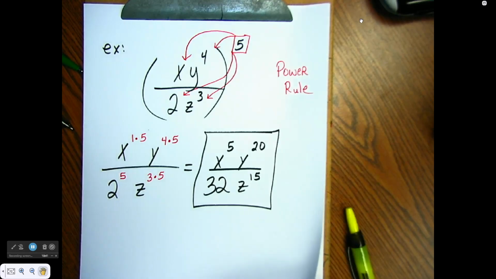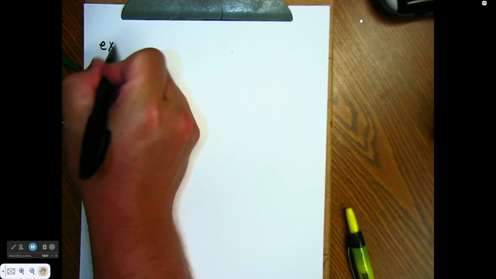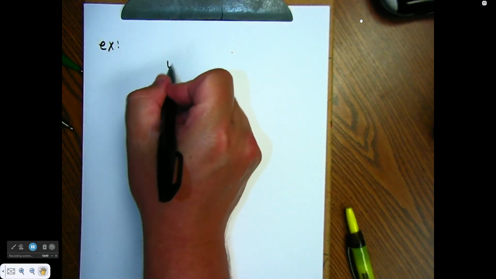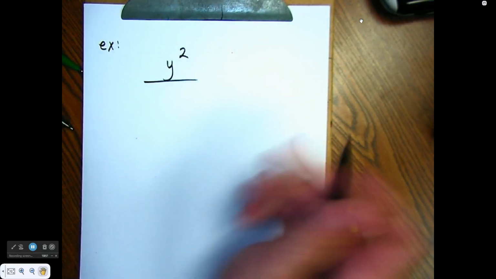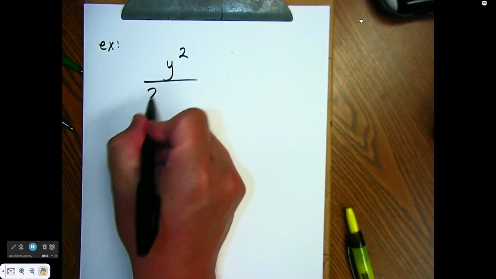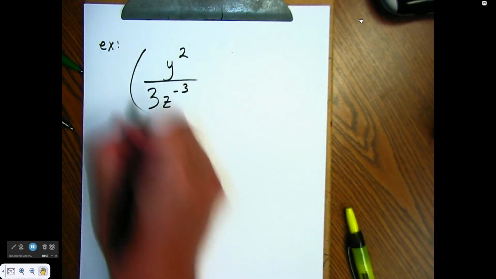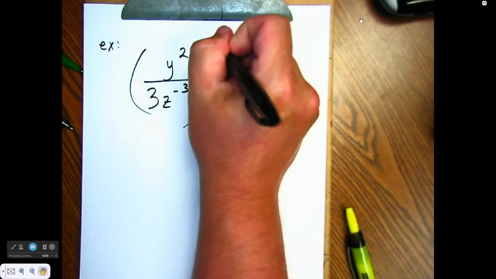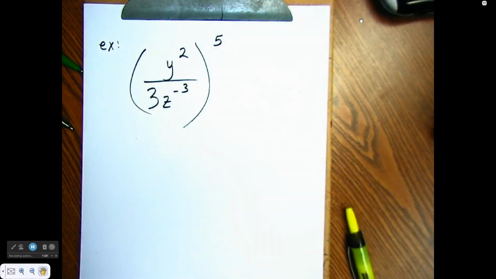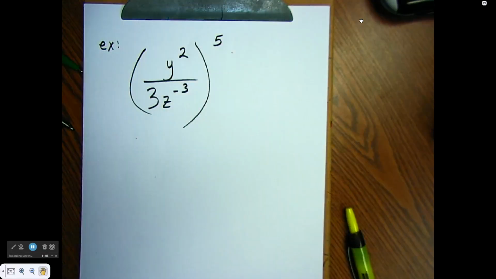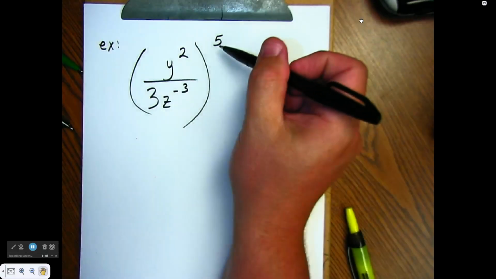Let's look at one more example. y squared divided by 3z to the negative 3, and that entire quantity is raised to the 5th power. Now you could address the power rule first.